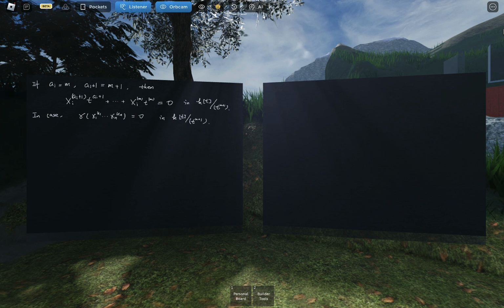Now we look at the case that for all i, ai is less than n. Then let's compute the lowest degree term of this product.